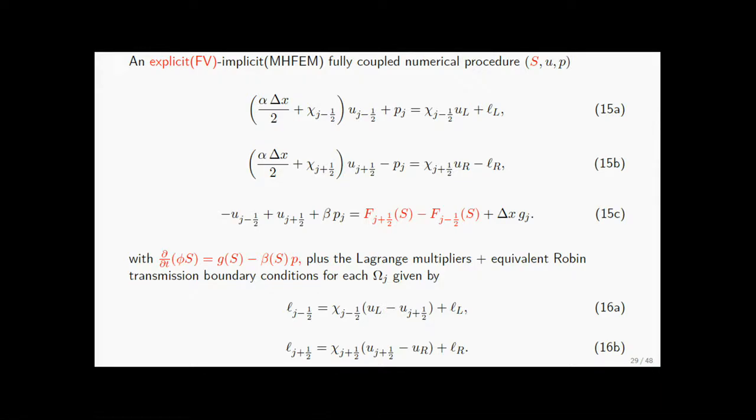In black is the mixed finite element formulation for the velocity and the pressure, and in red is the solution by finite volume, plus this equation here, that must be solved by any standard finite volume approach. The key idea here is to solve this sequentially.